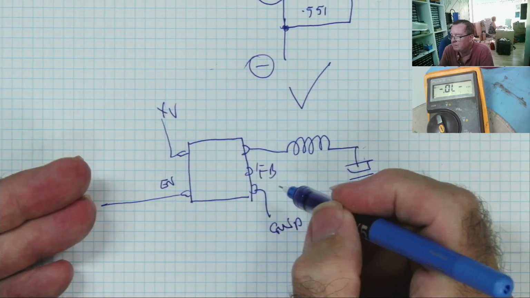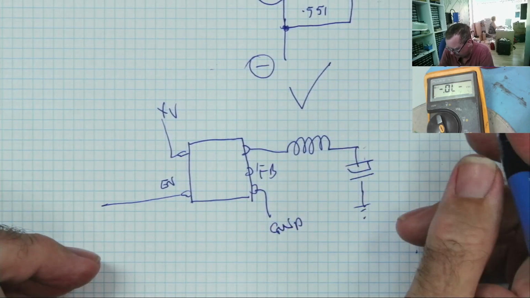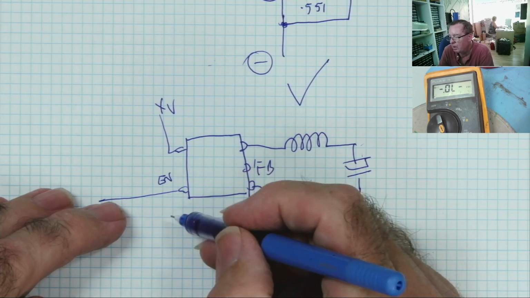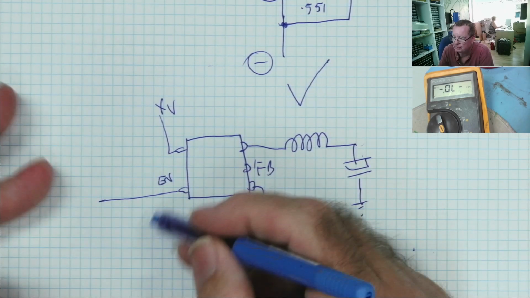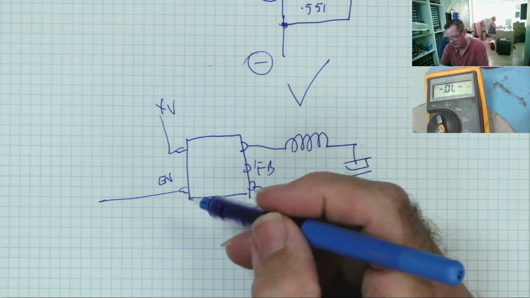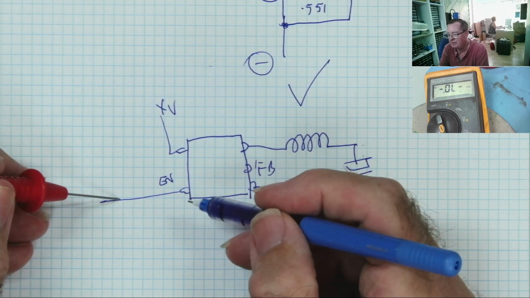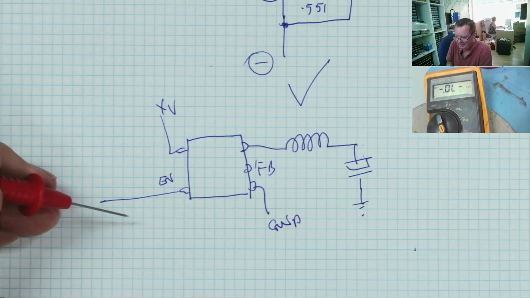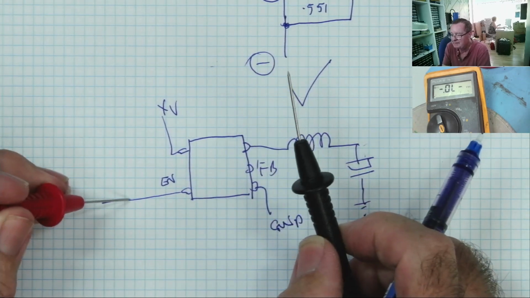If you find something like this and there's no output coming from it and it's not enabled, so the enable is low, depending on the resistances, what you can do is put your red lead on here with the device powered up. Okay, it's powered up. Black lead to ground, red lead to here.